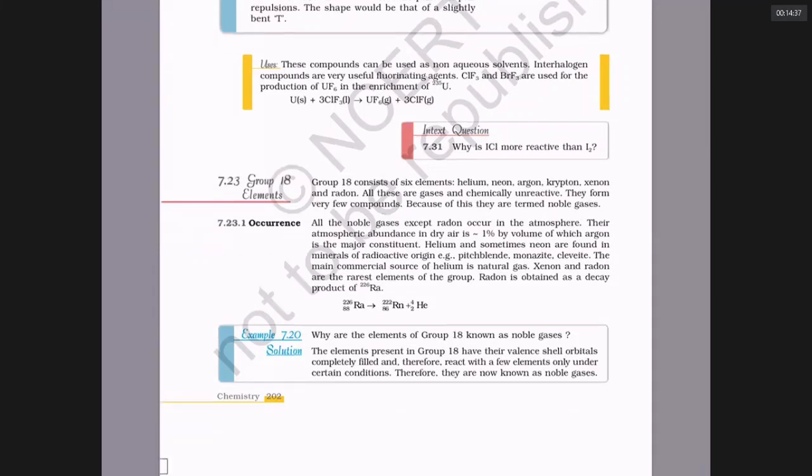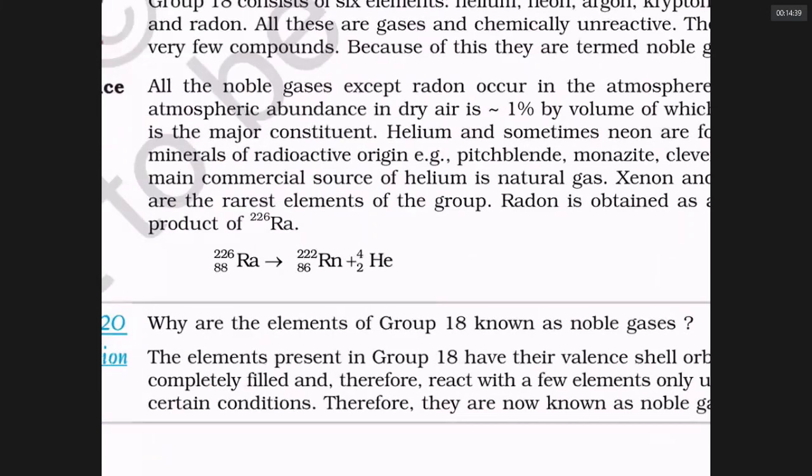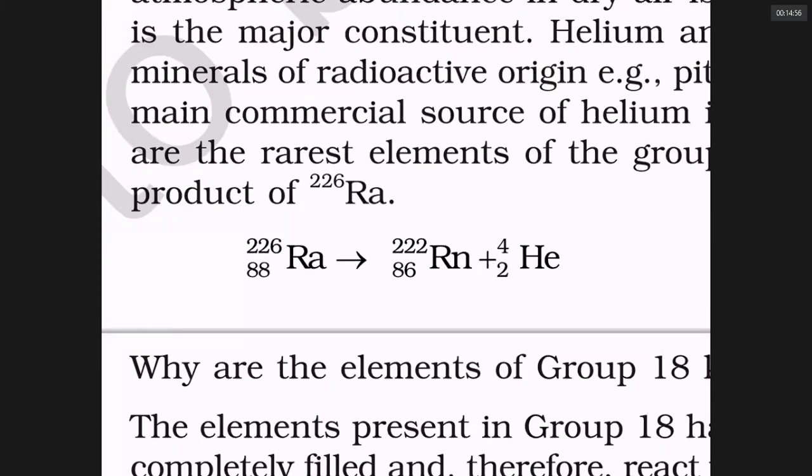So notice there is a radioactive element called radon. Radon is in which group? 18th group. Now, beryllium, magnesium, calcium, strontium, barium, radium: radium is in the second group.